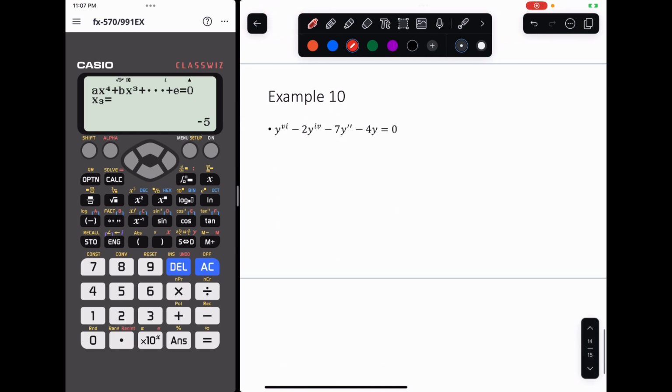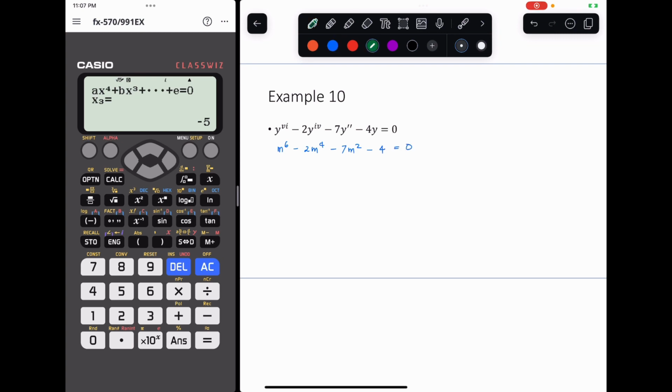And for our last example, this is a sixth order differential equation. So we have m to the sixth minus 2m to the fourth minus 7m squared minus 4 is equal to 0.